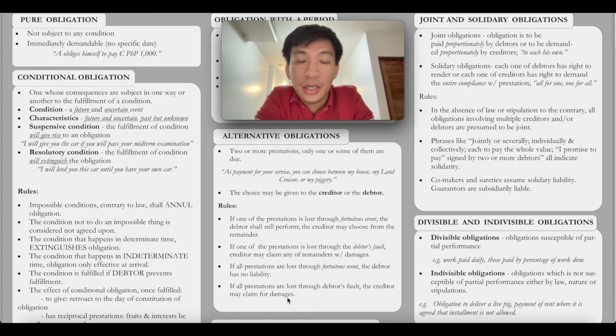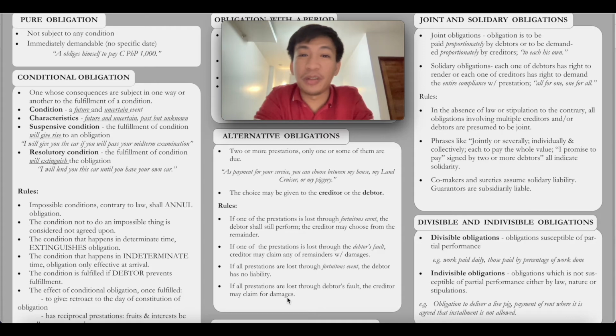Hindi siya divisible by law, for example, or hindi siya divisible by nature, or hindi siya divisible because napag-usapan yung hindi sila divisible. For example, obligation to deliver a live pig. Okay. Yung obligation mo to deliver a live pig, is more or less an indivisible obligation. Kasi paano mo naman madi-divide yun?